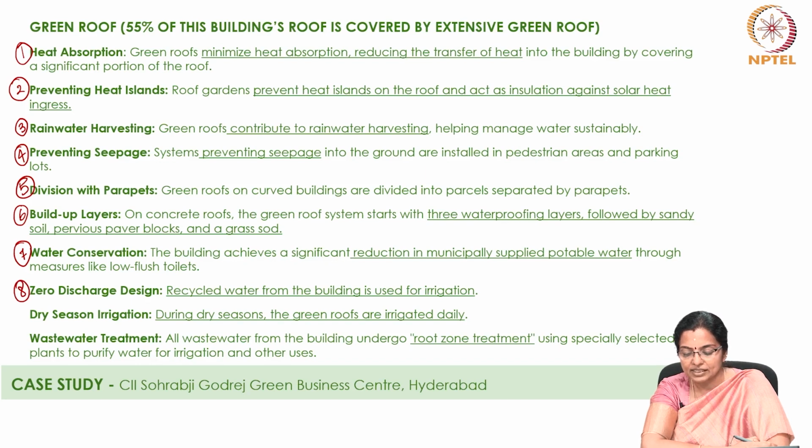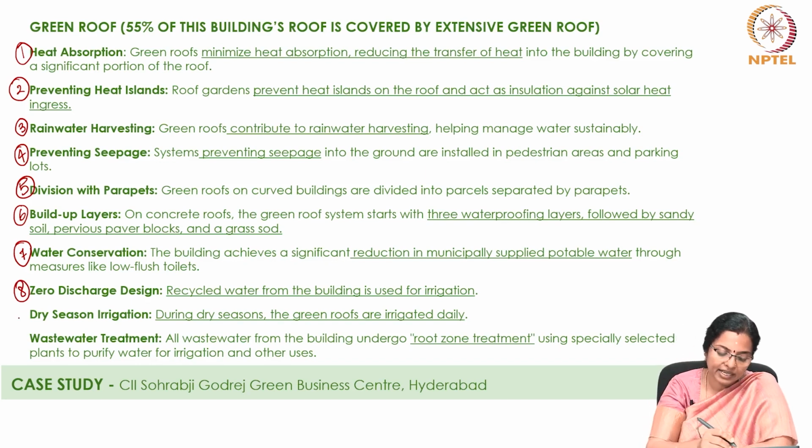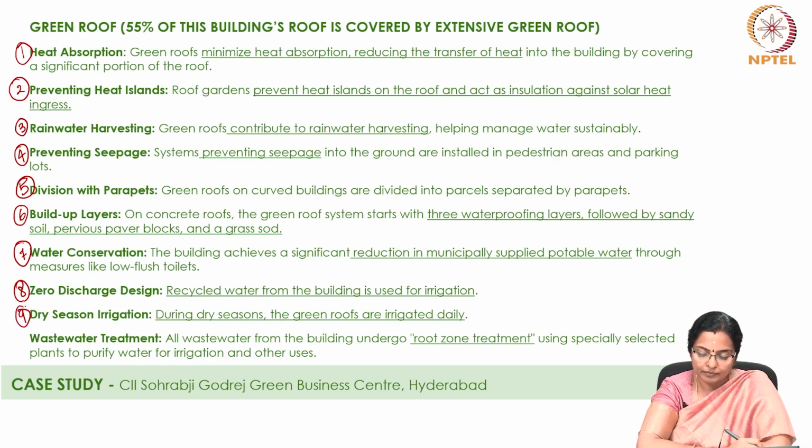During dry seasons, the green roofs are irrigated daily with this recycled water. All wastewater from the building undergoes root zone treatment, which we have already seen in one of the previous classes, using specially selected plants to purify water for irrigation and other uses.